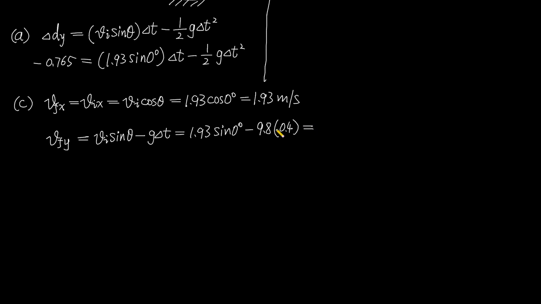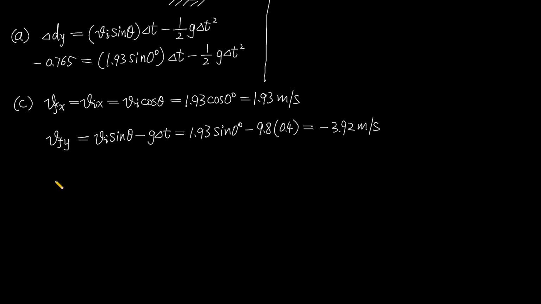We know sine 0 degrees equals 0, so at last the final vertical velocity is negative 3.92 meters per second. It's negative because its direction is down. It's opposite to the positive direction.